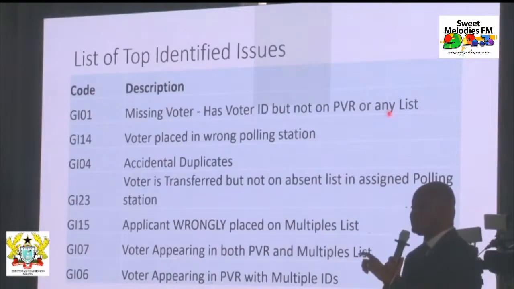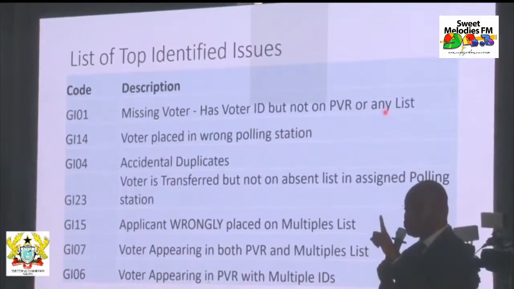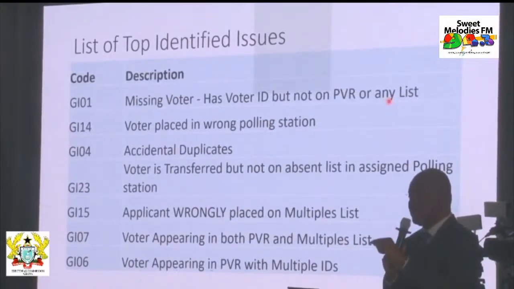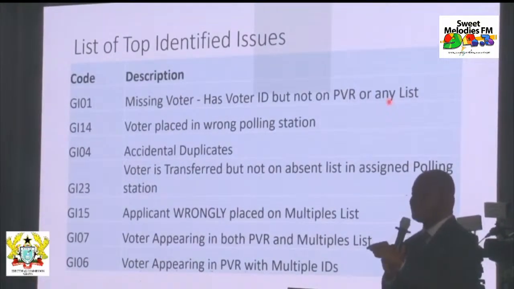And remember that it is a biometric voter register. So if your biometrics are corrupt, you end up not being shown on the register. So sometimes people who are reported as having been missing from the register, we actually have their registration records. But because their biometrics are corrupt, they don't show up in the register.